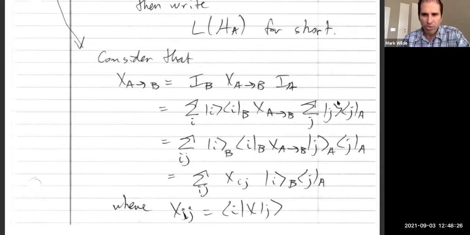So we can use that the identity operator is equal to the summation of the projections onto an orthonormal basis. Okay, that's a standard result from linear algebra that I won't prove.